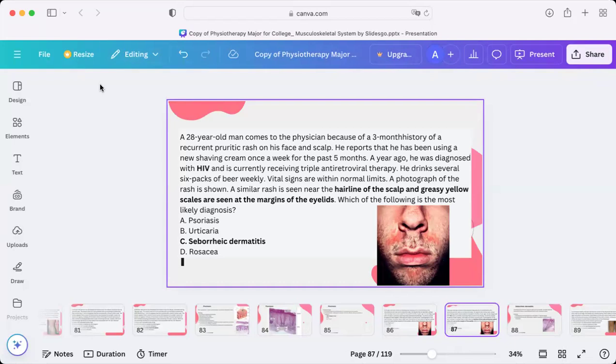Guys, another question. What other clinical presentations are related to seborrheic dermatitis? Other clinical presentations other than this, where else would it present? Correct, MSA. How would it present in a baby?